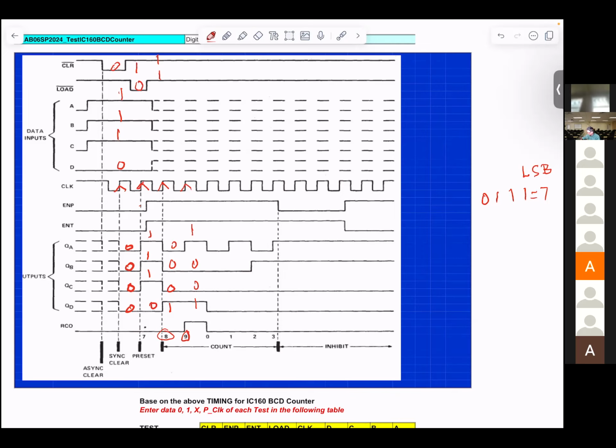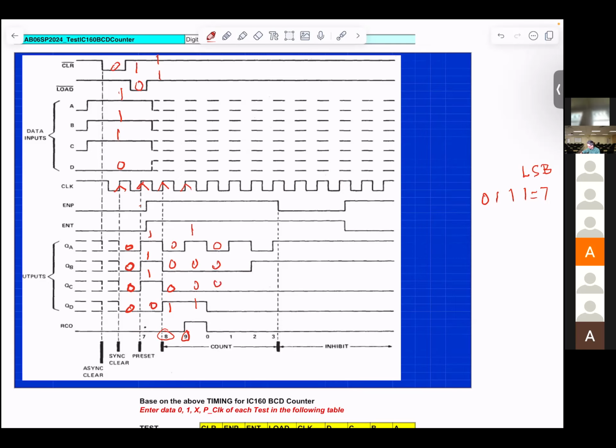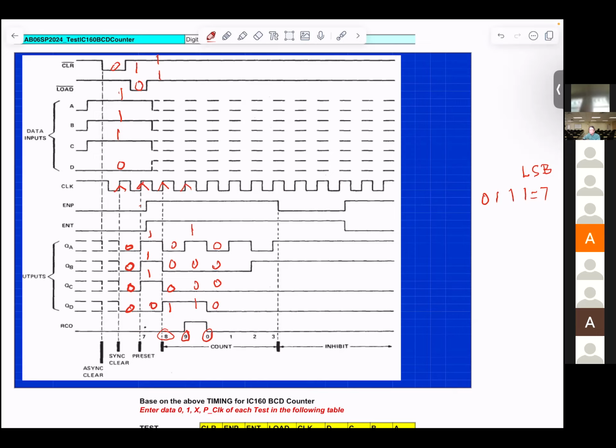They will go to the next number, 0, 0, 0, 0. They go to 0. That means they're counting up. 0 to 9, then 0 to 9, keep going. If you keep applying the clock, they keep running, 0 to 9, 0 to 9. Only up, not down, for this IC.